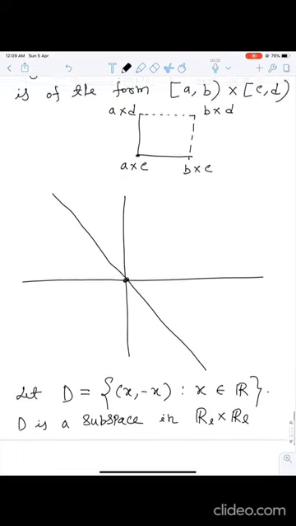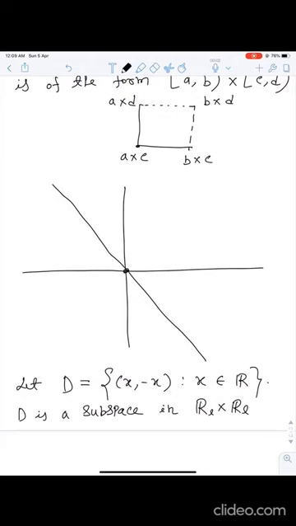Now it is easy to prove that the complement of D is open. If we take D, the complement of D is this upper plane and the lower plane.